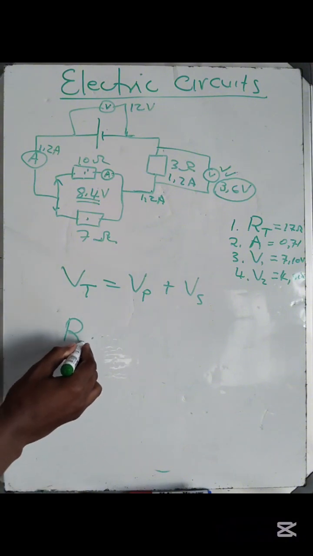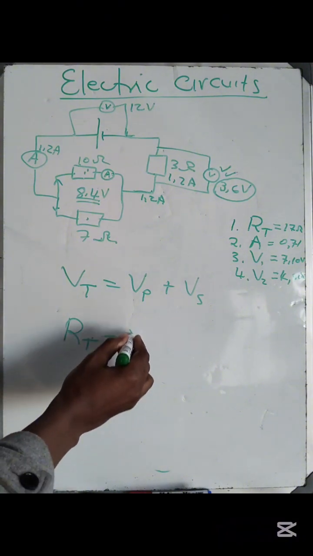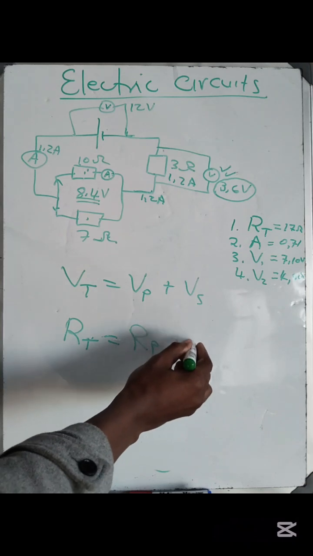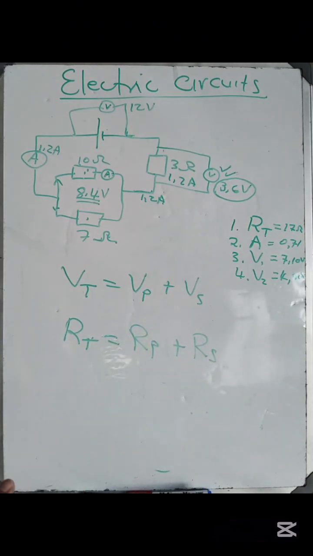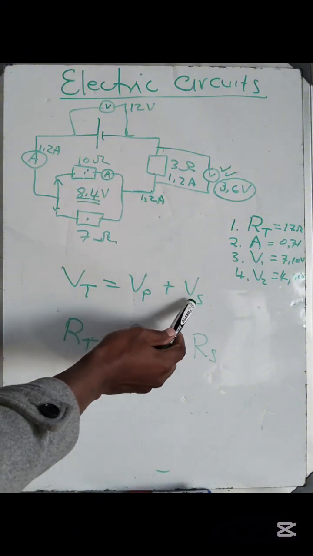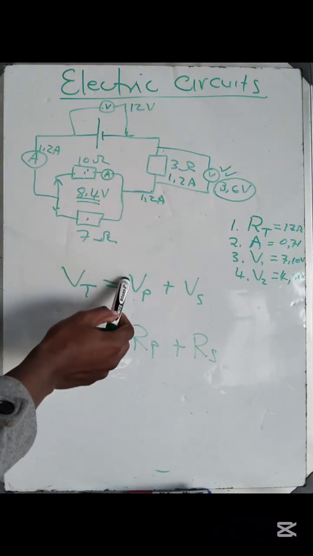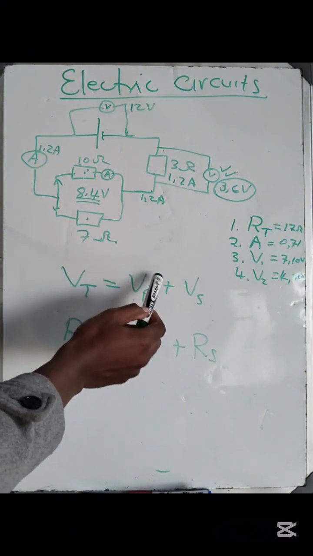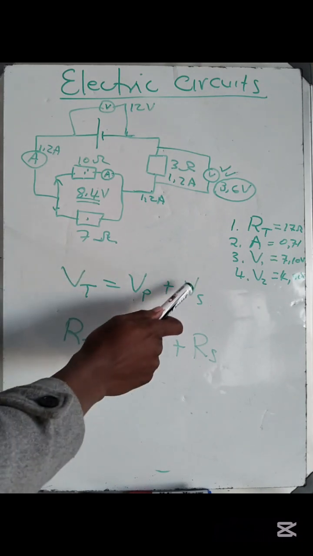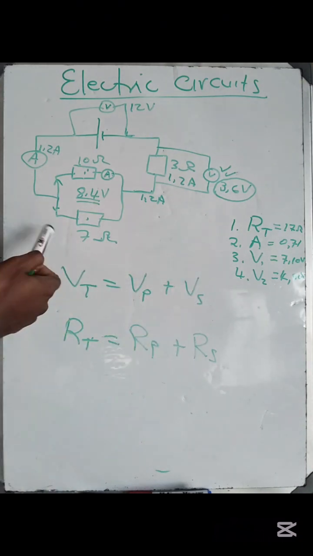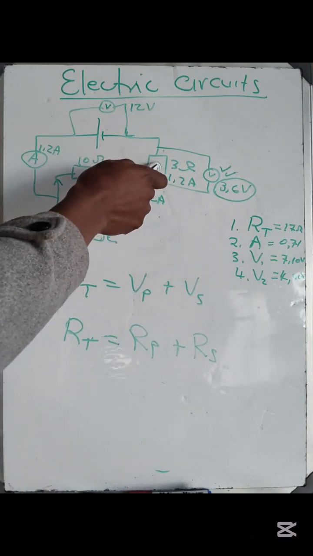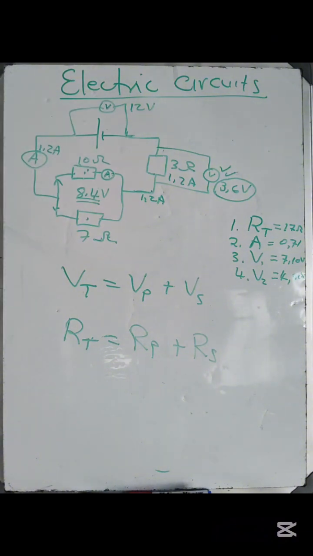The total resistance will be R parallel plus R series. If we do it this way it will be easy, because we know that we need maybe series or parallel. Once we have found the voltage for parallel, we separate it from the total and find the voltage of the series. These two are parallel, this one is in series. Then thank you, we are finished.